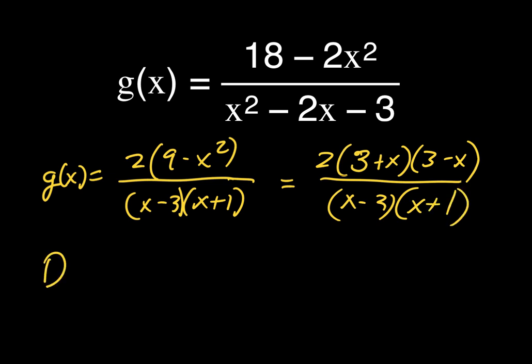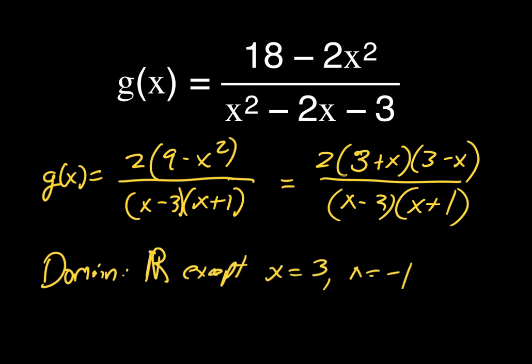My domain will be all real numbers except x equals 3 and x equals -1. Because if I put 3 into x minus 3, I get 0. If I put -1 into x plus 1, I get 0. Can't have those two numbers.